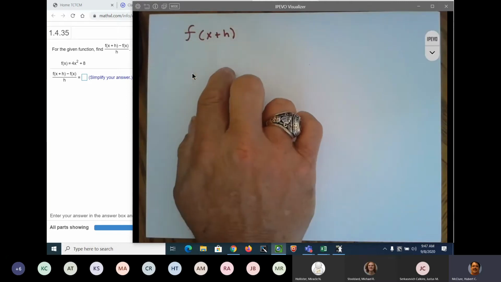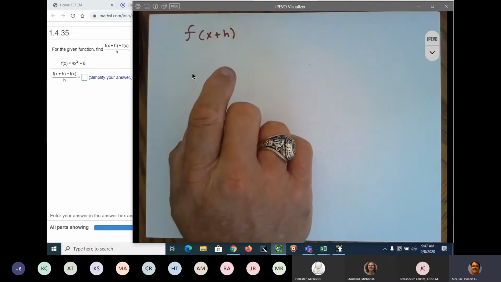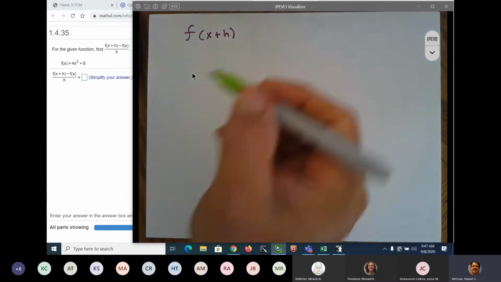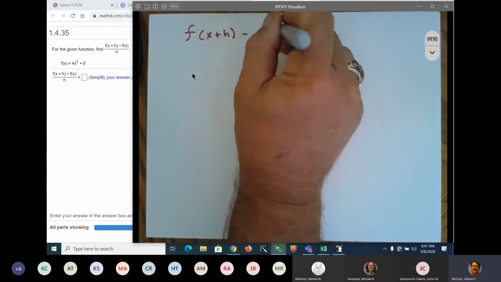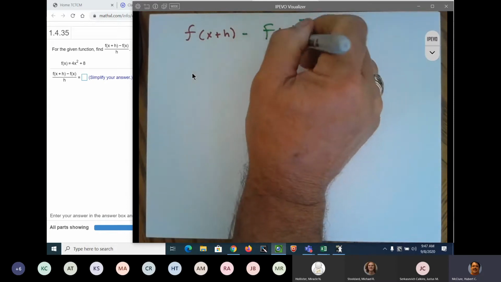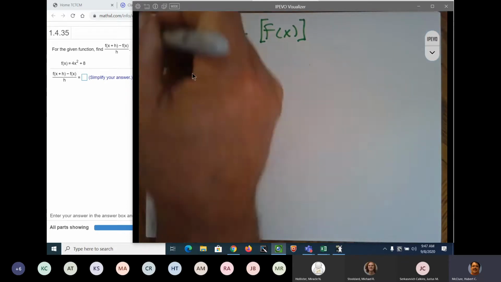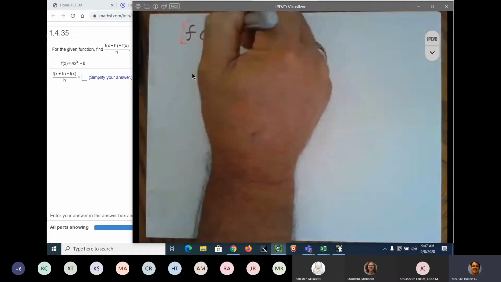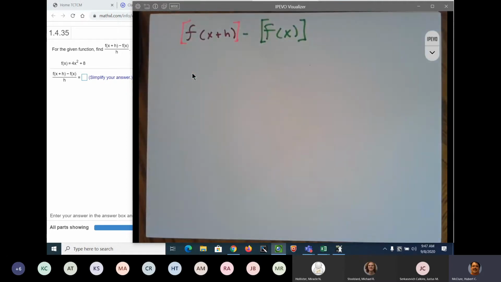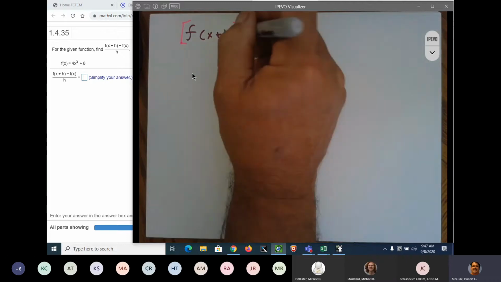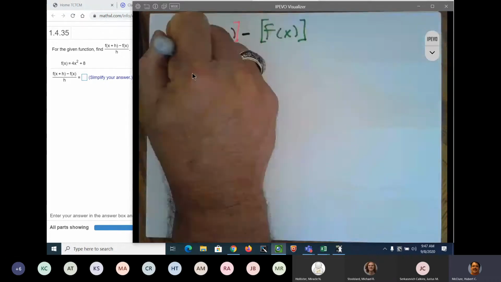I should have used something else. And I'm going to use a green minus f of x, in green brackets. I'm going to use another color besides that magenta. It's pink. There we go. And that's all going to be over h. And I'm not really worried about the h, I'll just put that in black.